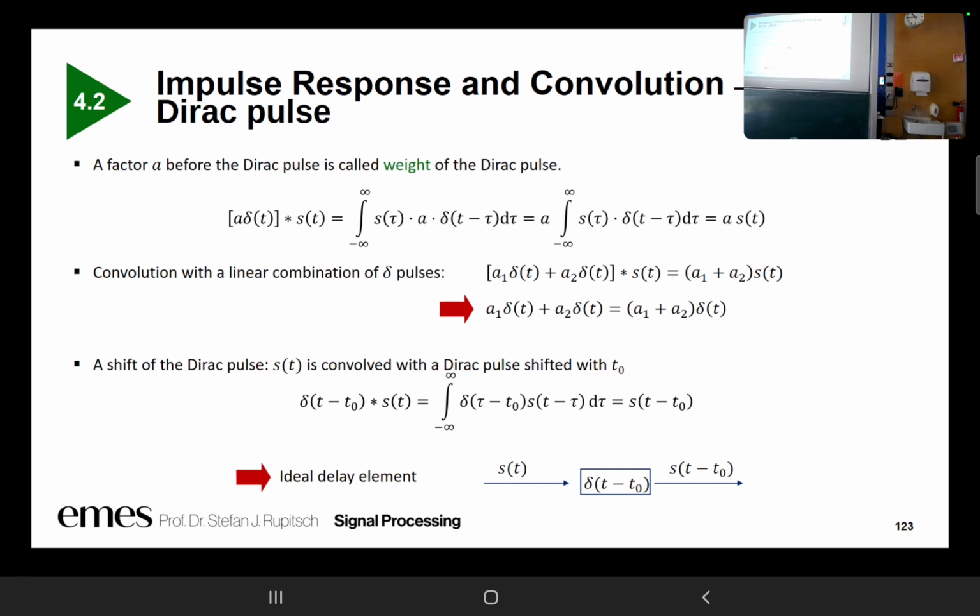I won't go into detail, but in signal processing we call it a function, and we do not discuss it with our colleagues from mathematics, who would be very angry about this. They would always say it's a distribution, but we say it's a function, and it works quite well.